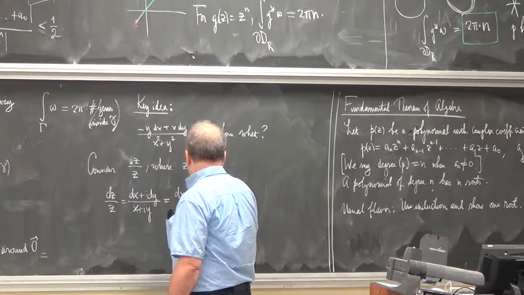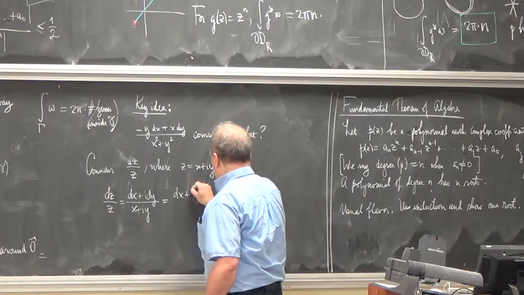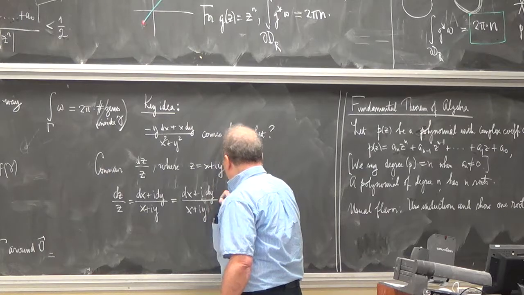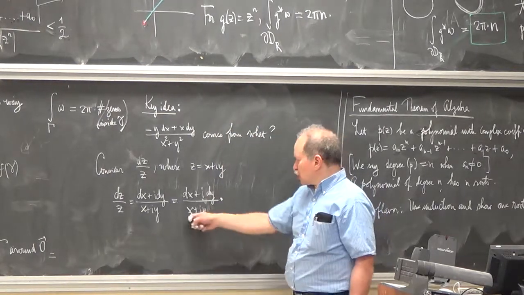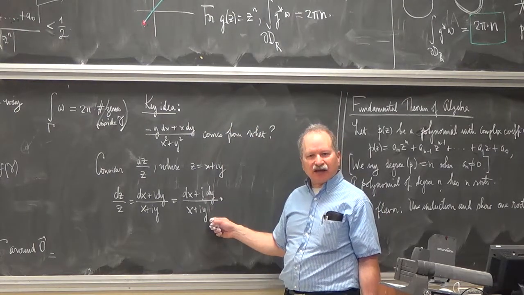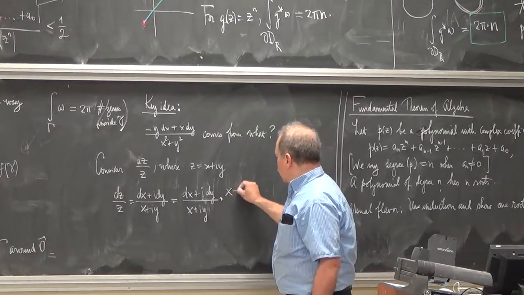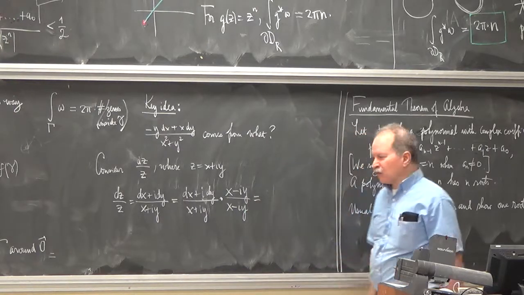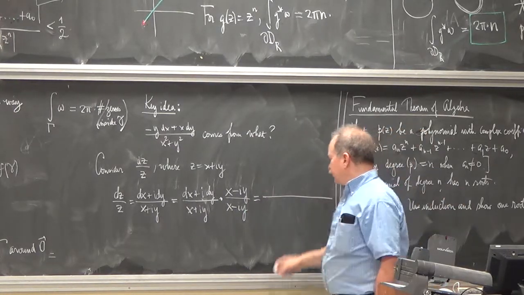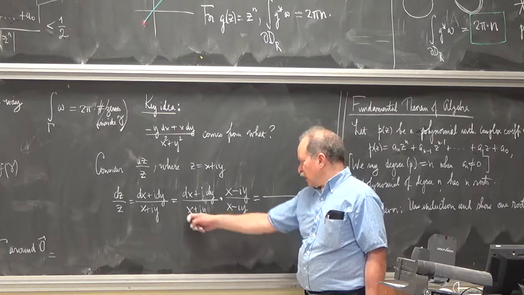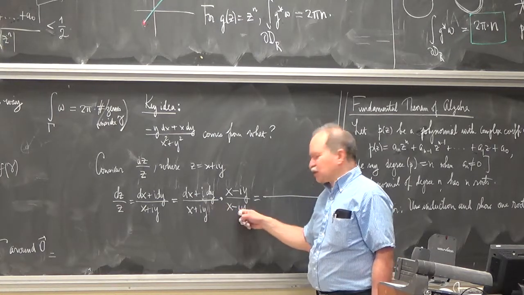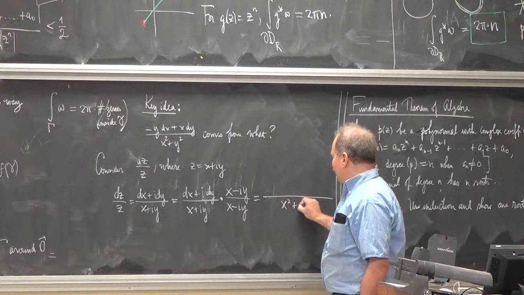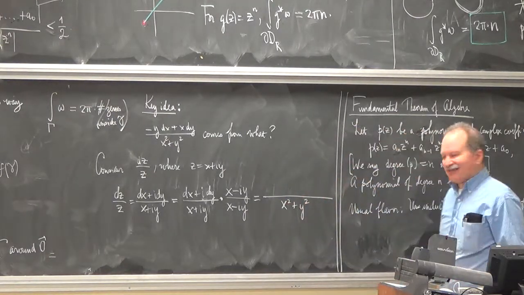Now, do you guys remember basics? I don't know, again, how much you know about complex numbers, but what's the basic way to rationalize that denominator and get rid of the i? Multiply by the conjugate. What do you get in the denominator? x squared minus i squared y squared. x squared plus y squared. Interesting.